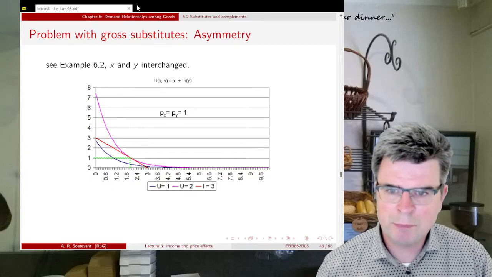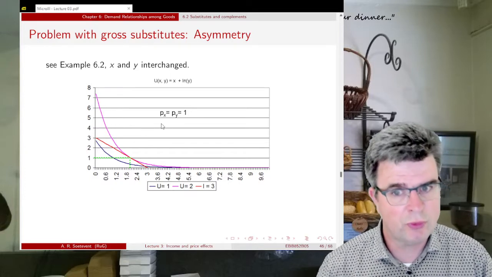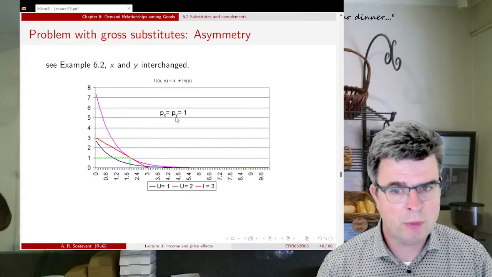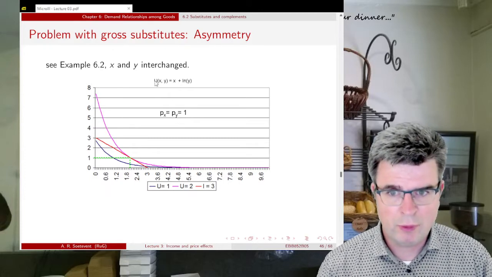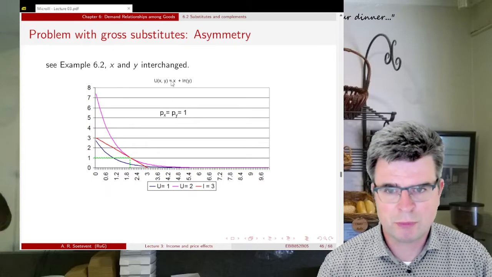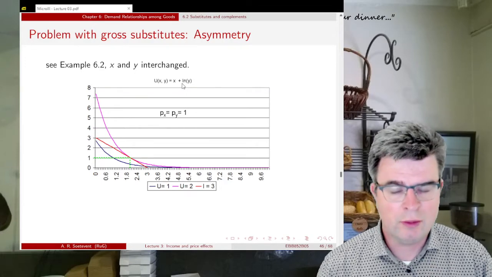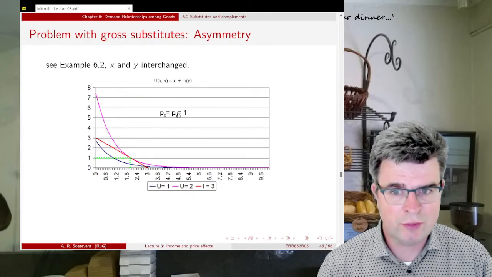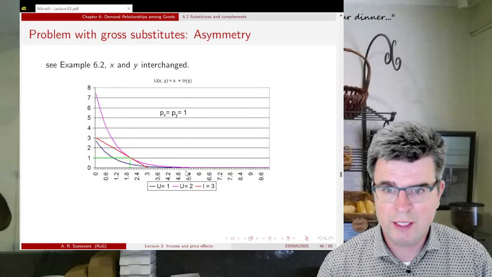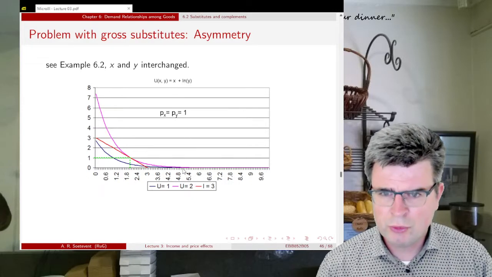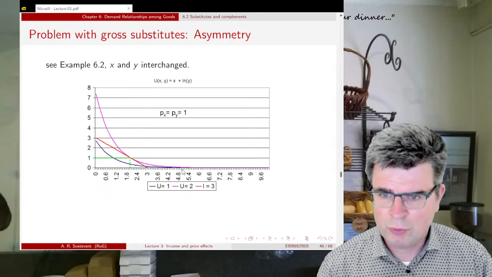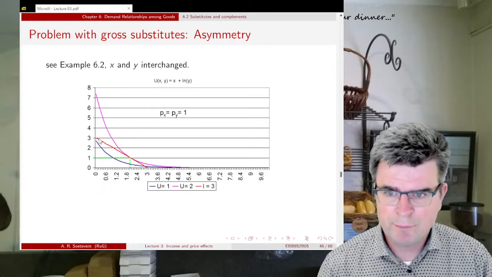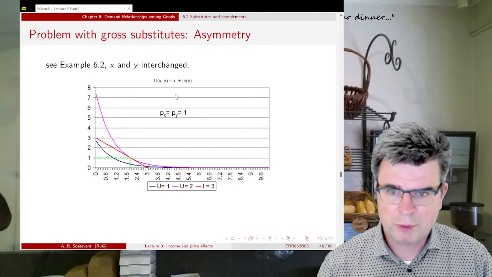And in this example, the initial price of the two goods, X and Y, is equal to 1. We have a utility function. So it's a quasi-linear utility function, and you can derive yourself that given these prices and given that the income of the consumer is equal to 3, so this is the budget constraint, the red line, price of good X and good Y is equal to 1.